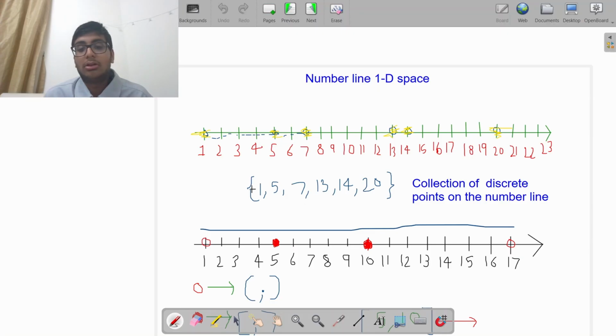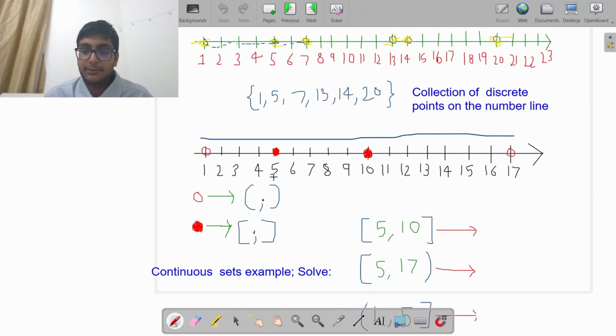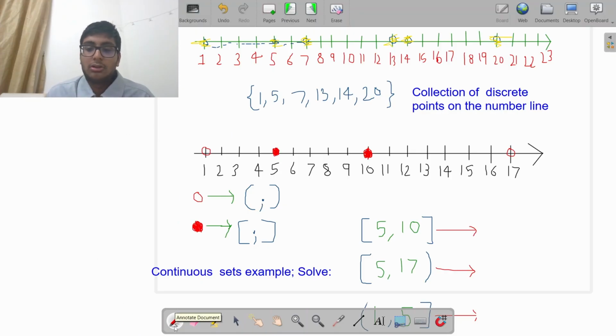But let's go for continuous sets. When we look at the case of continuous sets, we use curved brackets like these ones over here, which I'm showing with my laser pointer, and we use square brackets. Curved brackets are used for these kinds of dots, and square brackets are used for these kinds of dots.